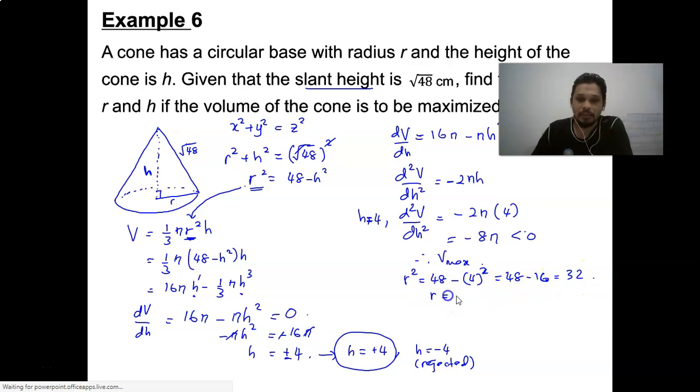Then r equal to square root of 32. Let's simplify this, it gives you 4 square root of 2.